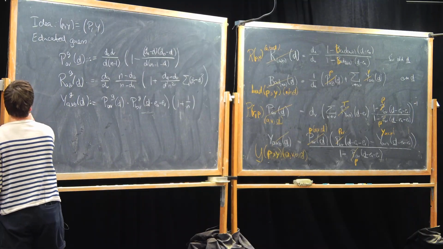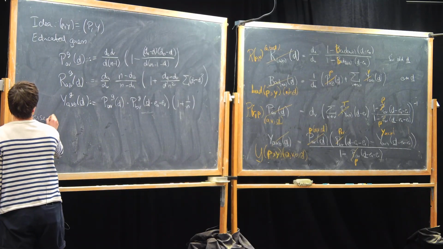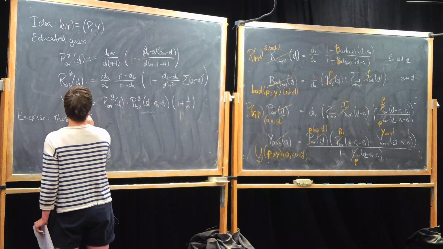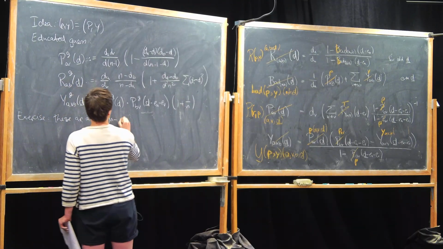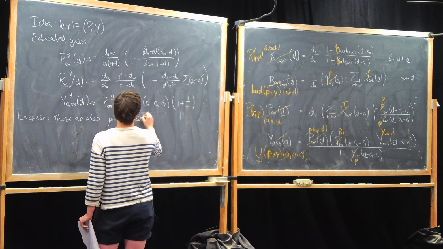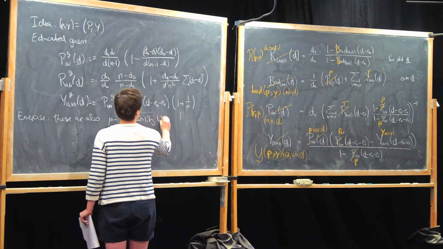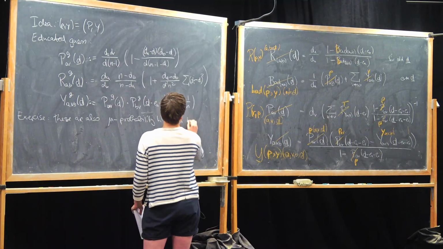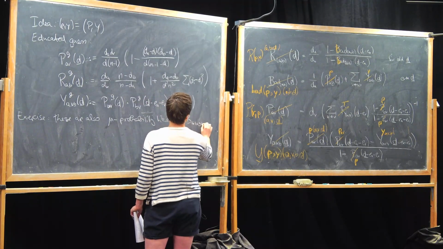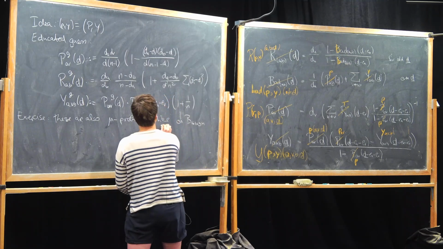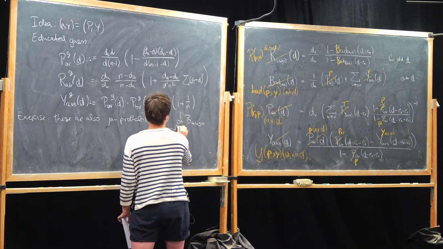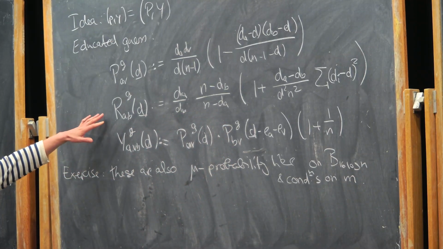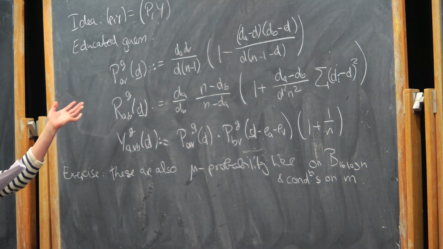So another exercise is to show that these are also probability-like, with the same conditions. So on B, 16 log n, and conditions on M. Like the same as before, but this is now easy because these are explicit formulae.